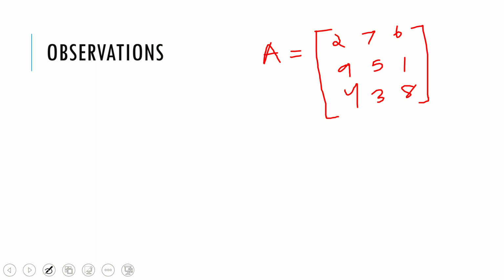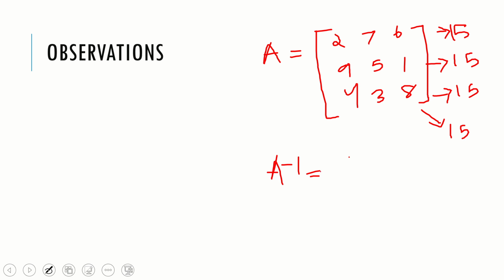And we found that every sum came as 15. But when I find A inverse, the sum came as 1 upon 15, meaning it also gets reciprocated. So this is the first observation.